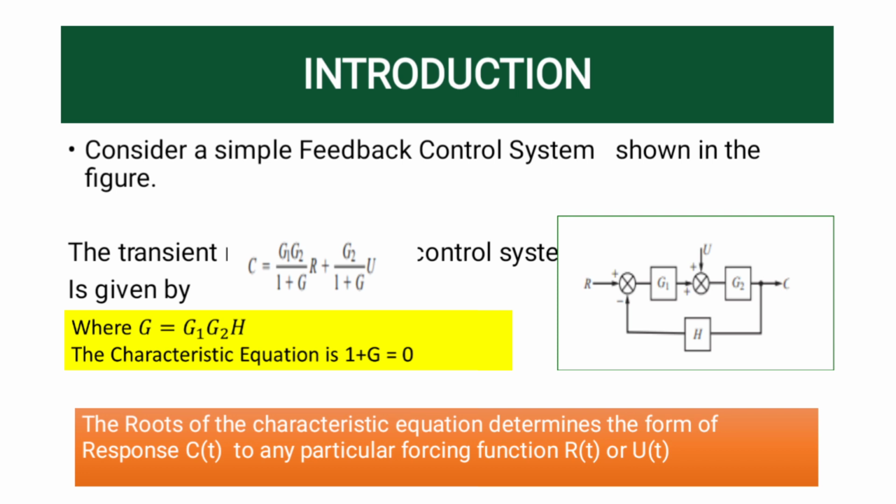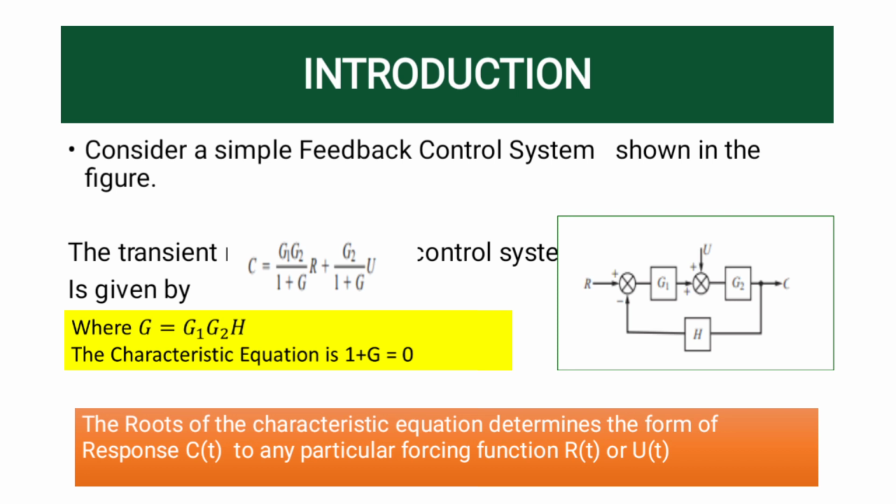Here G is the product of all the transfer functions connected in the loop. So G1 is the transfer function for the controller, G2 for the process, and H for the measuring element. Therefore, the characteristic equation is given as 1 plus G equals 0.